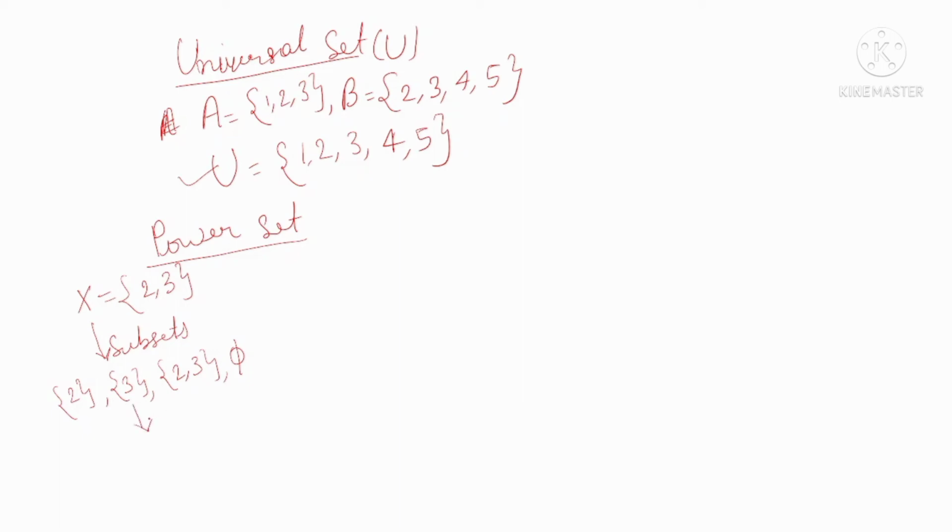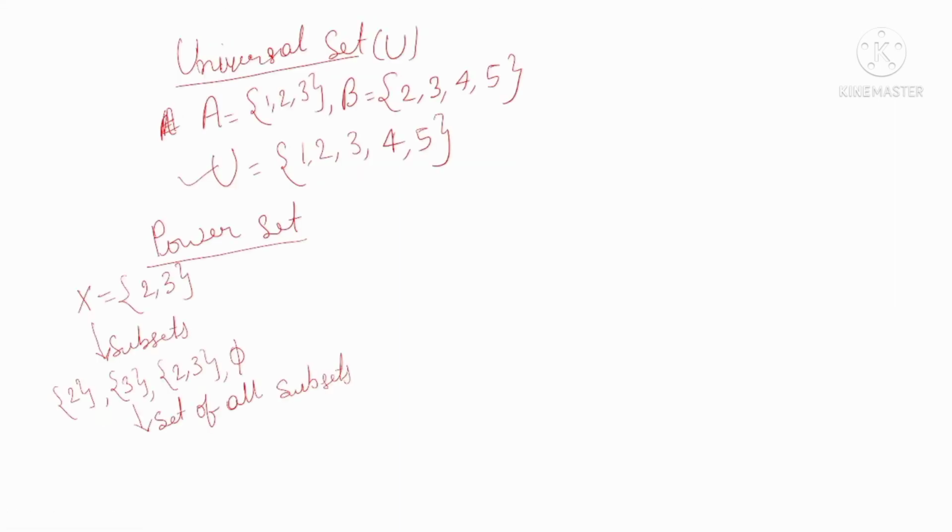Now what we can say is the set of all subsets. So if we write down the set of all subsets, we always write curly brackets for writing a set.